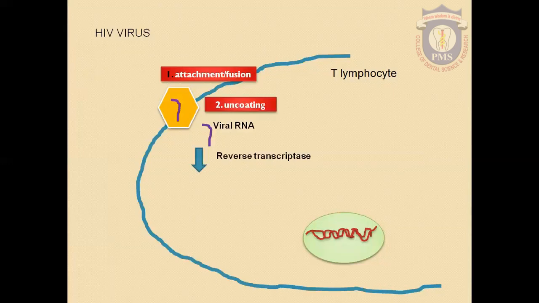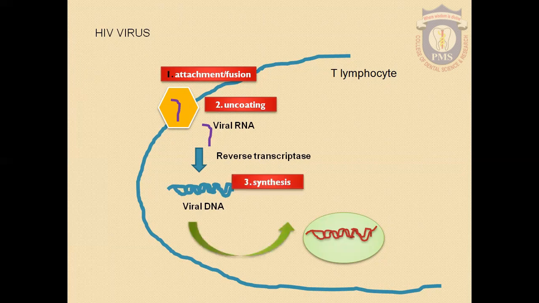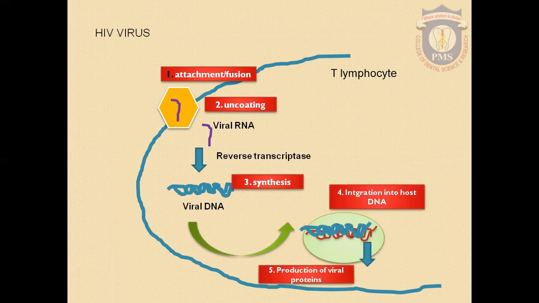In the presence of reverse transcriptase enzyme, viral DNA is synthesized, and this viral DNA is incorporated into the host DNA. It integrates into the host DNA and undergoes multiplication to form viral particles.